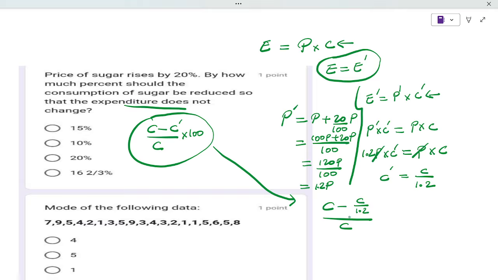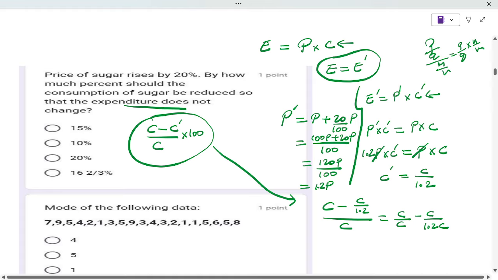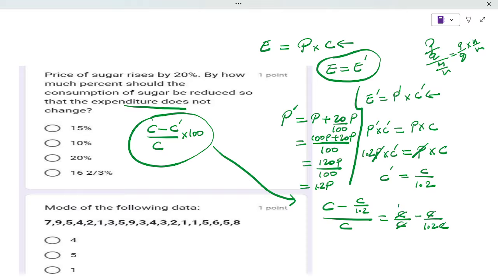If we do it the other way, that is C by C minus C by 1.2 C, because we know P by Q divided by M by N is P by Q into N by M. So we're just doing that. It will cancel, 1 minus 1 by 1.2.